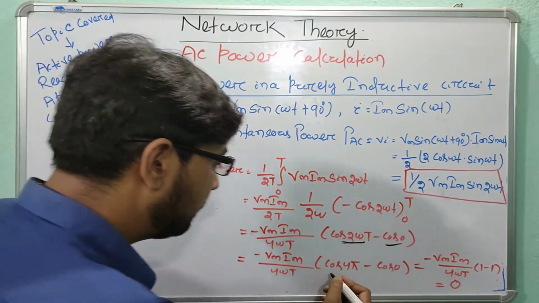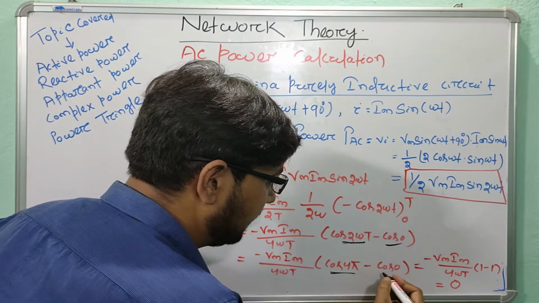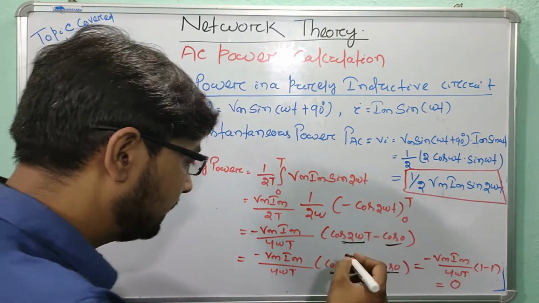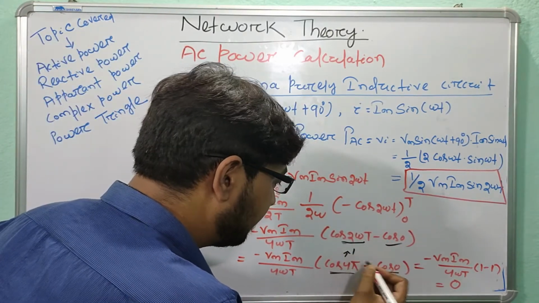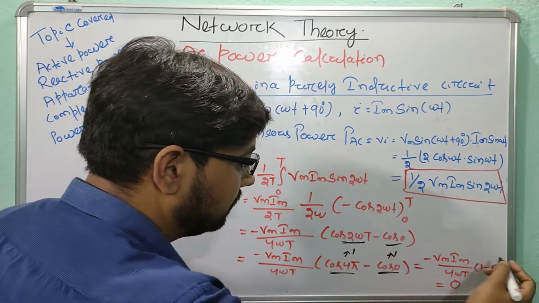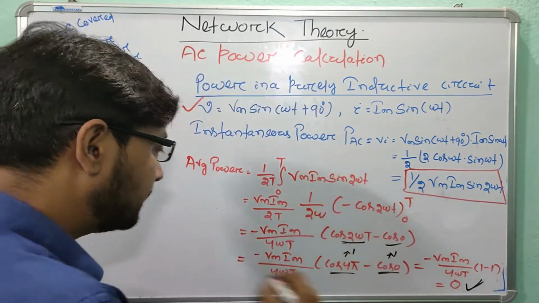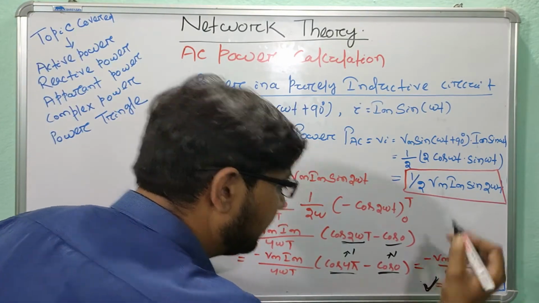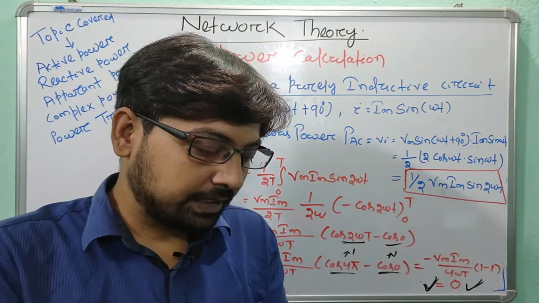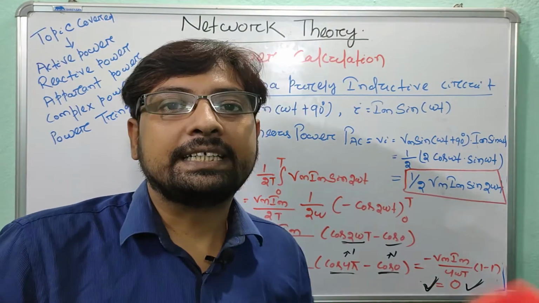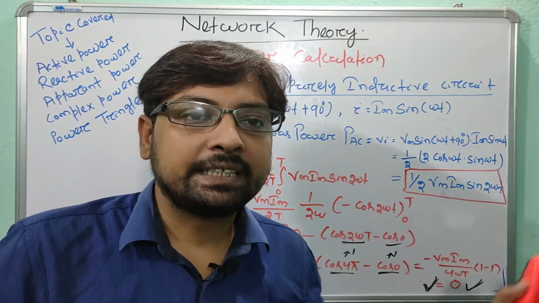My upper limit is cos 4 pi and lower limit is cos 0. What is the cos 4 pi value? This is 1, and cos 0 is also 1. So 1 minus 1 is 0. So from this expression you get that for a purely inductive circuit the average power, or the active power, is 0.